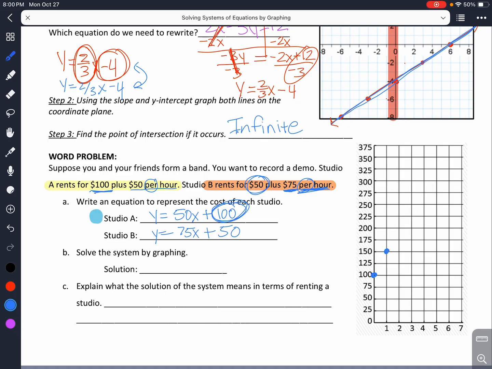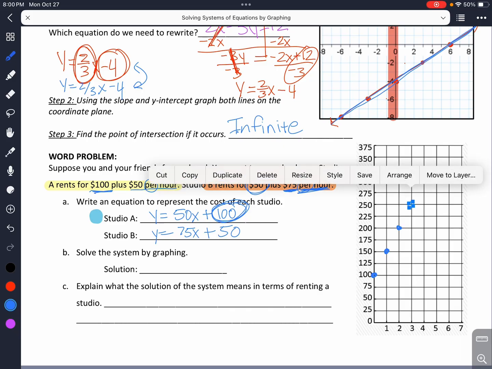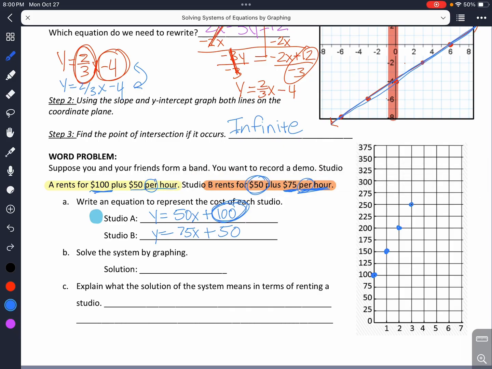So 100 plus 50 is 150. 150 plus 50 is 200. And we're going to go over 1. Don't forget to go over 1. Up 50 over 1, up 50 over 1, up 50 over 1. Okay, and I'm going to try to connect those the best I can.